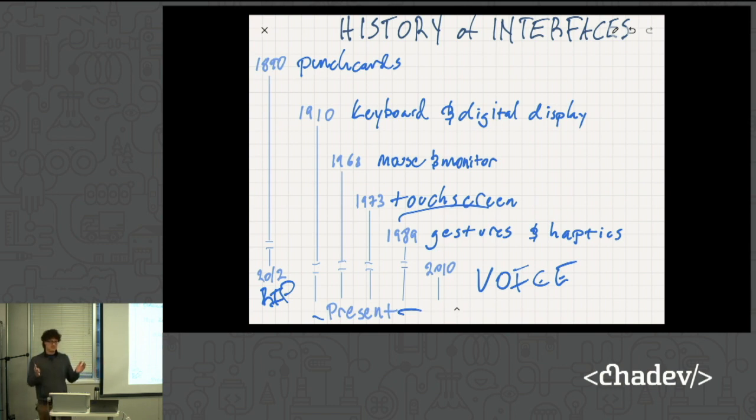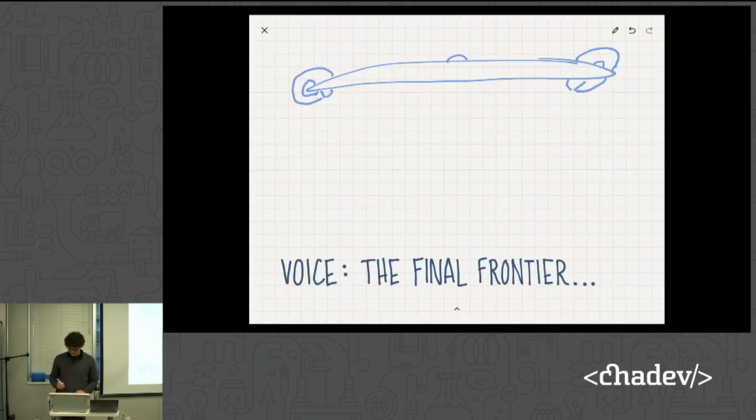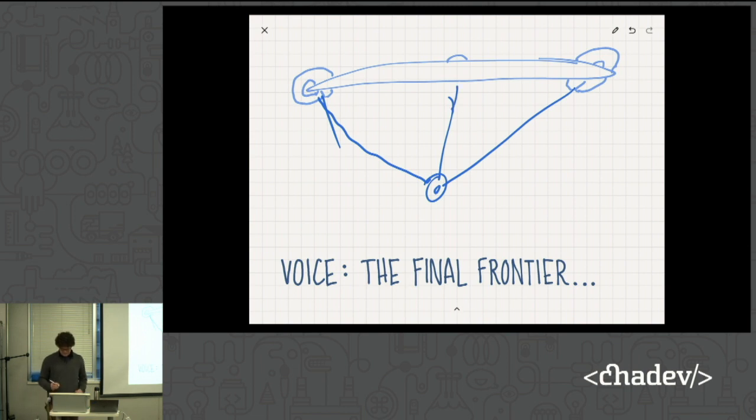So there's not a lot of agreement about what interfaces should look like as far as voice goes. So that's a history of interfaces. Voice is the final frontier of interfaces.